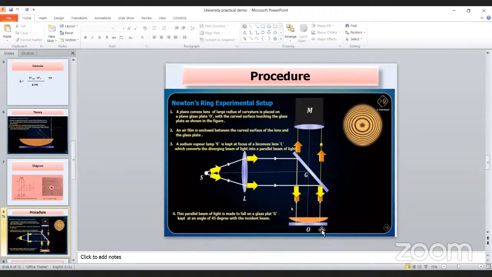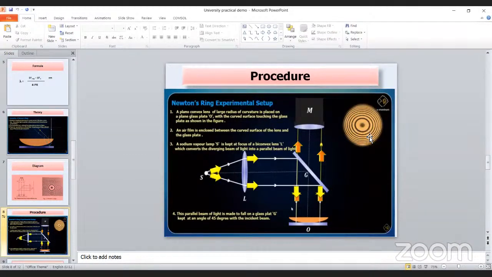So whenever light rays are reflected and interfere, from the traveling microscope we observe that Newton's rings are formed, which are alternate dark and bright concentric rings. Here we see Newton's rings formation.